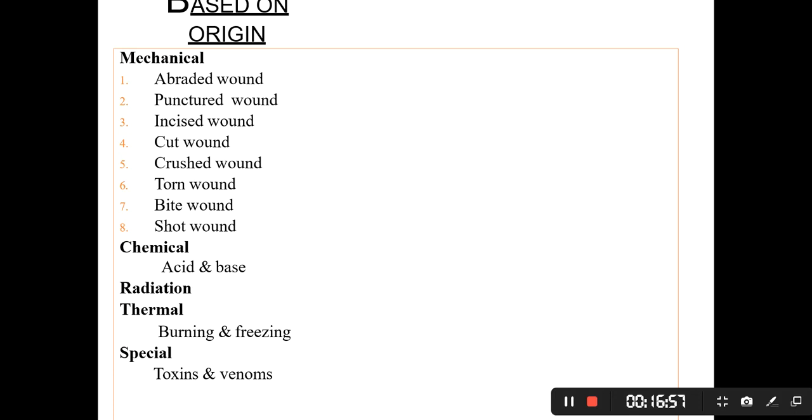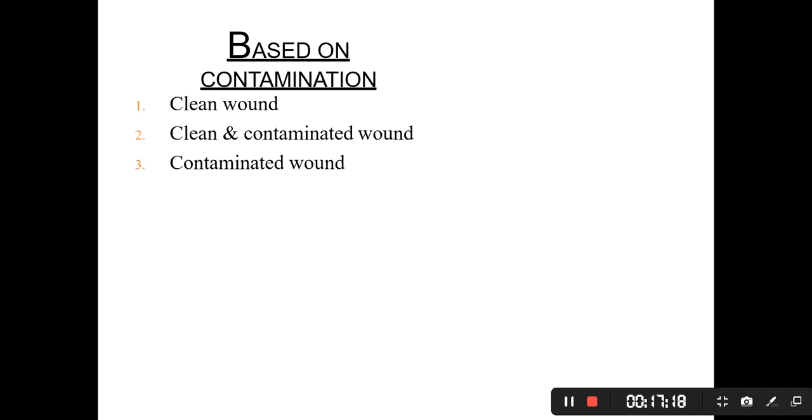They can also cause injury. It can be caused by radiation also. It can be caused by thermal causes. Either you burn yourself, or you place your hands in very cold areas, then that can also cause a wound. And sometimes toxins and venoms like snake bite and bee bite can also cause a wound. Okay, that was one type of classification of wound.